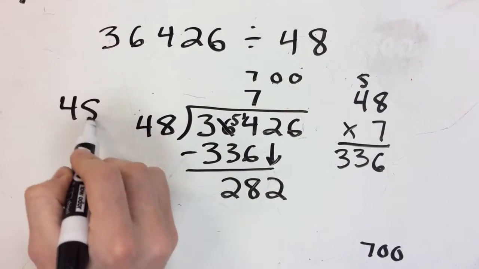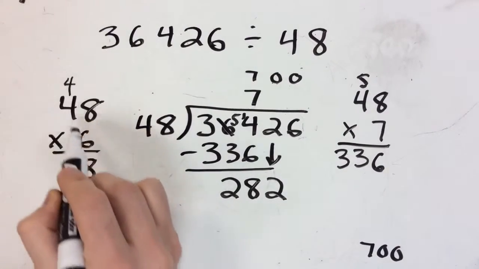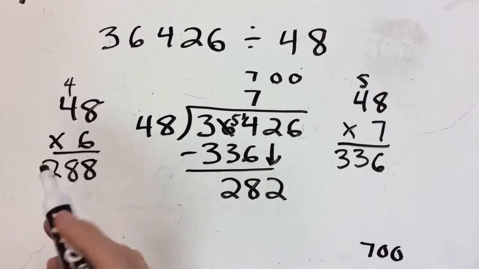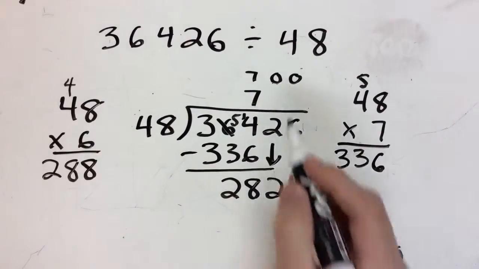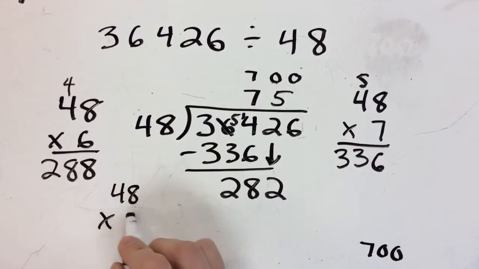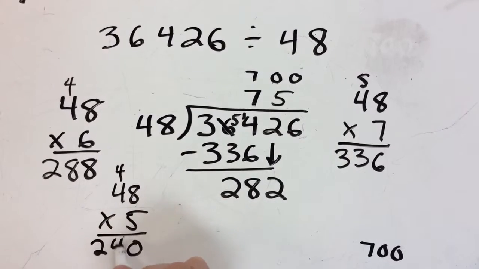So I'll try 6. 288, too high, so it's going to be 5. 240.